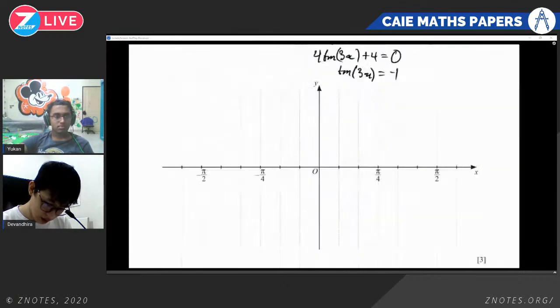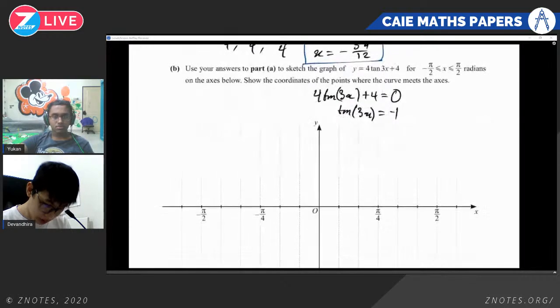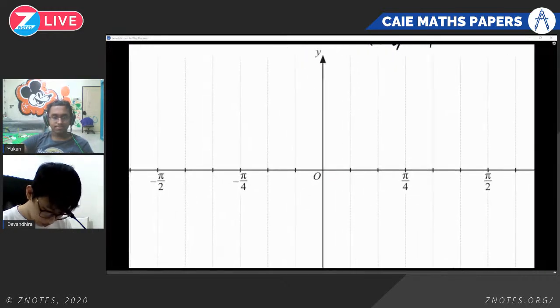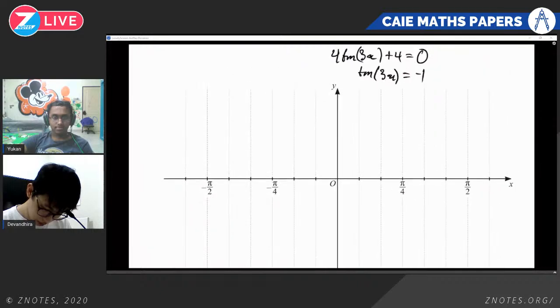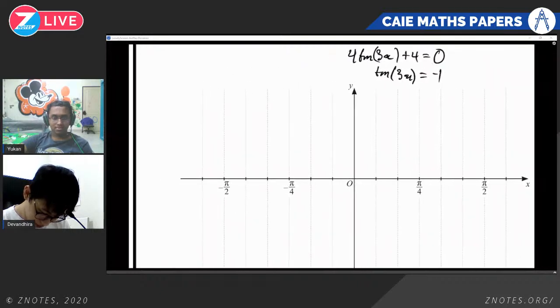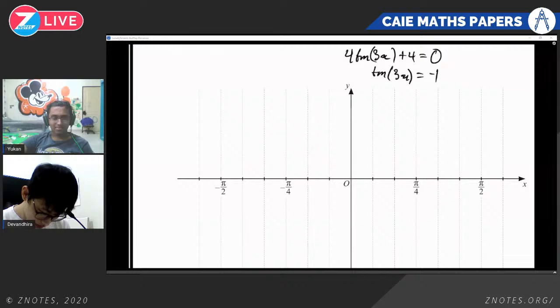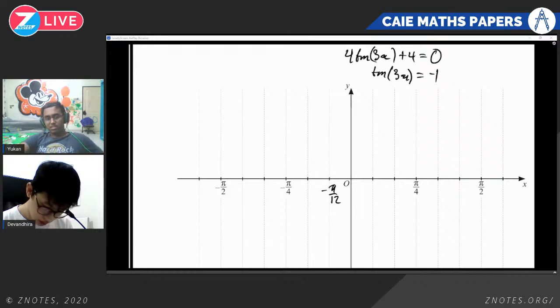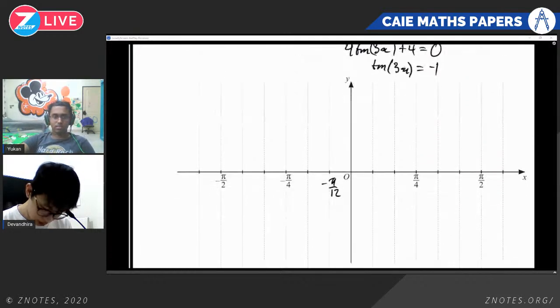That means let's take a look where negative pi over 12 is. Yeah, it's the first notch to the left. And what else? This is negative 3 pi over 4, is it?